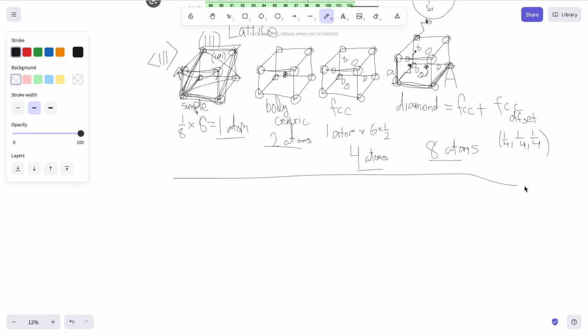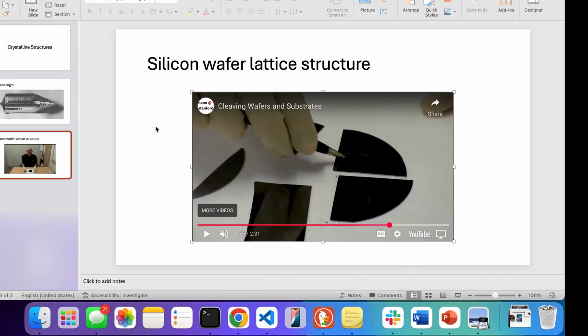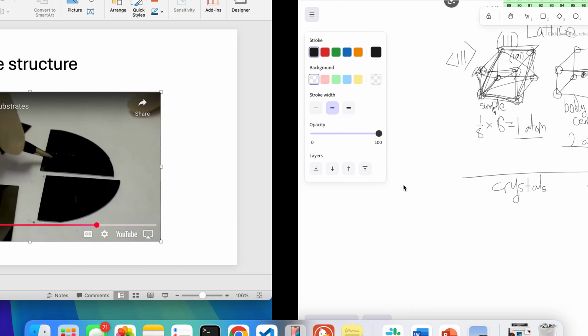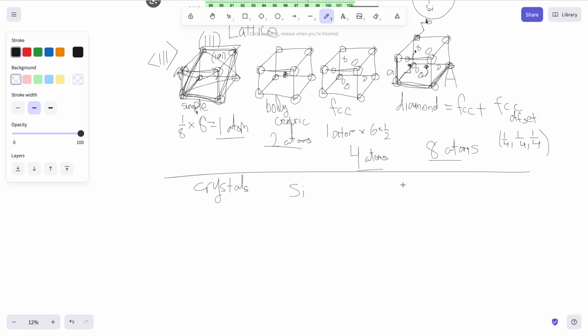The next thing I wanted to talk about was how these crystals are manufactured or created, and specifically silicon, since that's the one we'll focus on. When silicon is manufactured and we get these silicon wafers that you see in this image, it's incredibly pure, and the way that they do that is through a chemical manufacturing process.